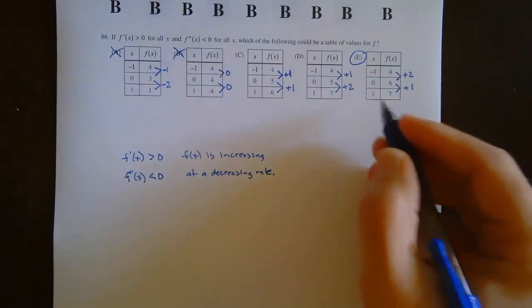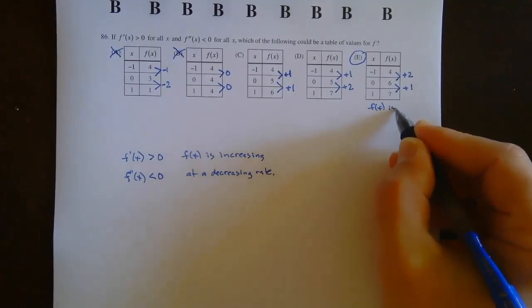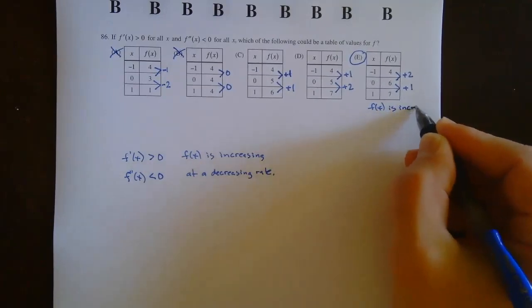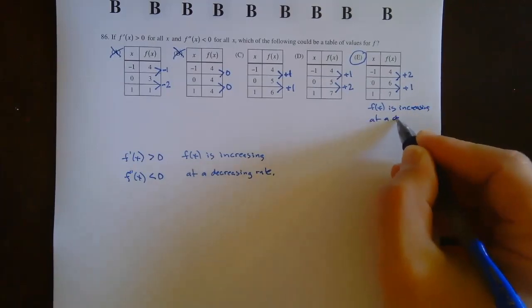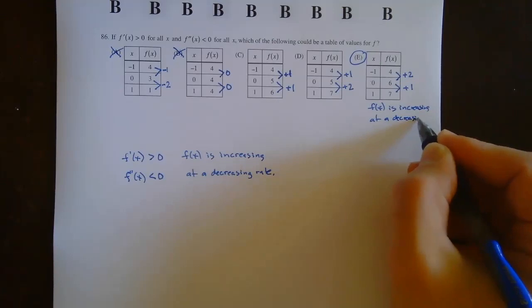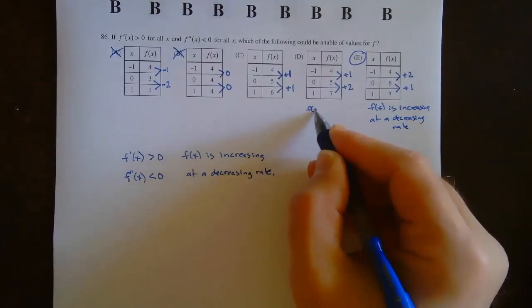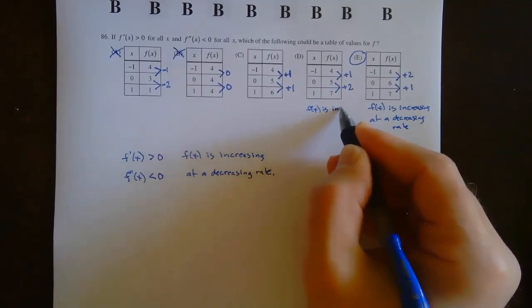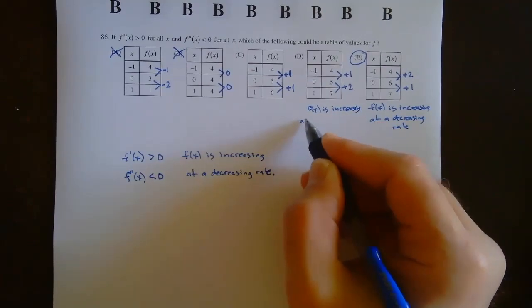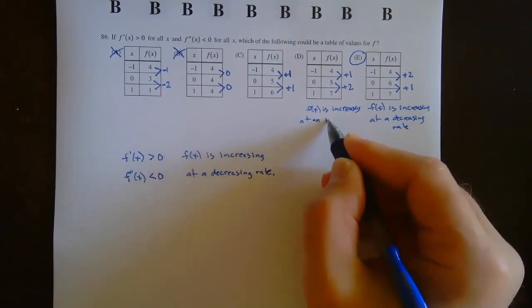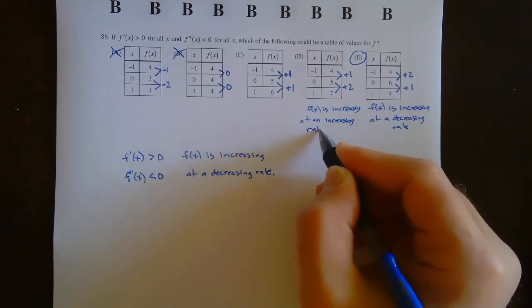Okay, so this is f of x. Let's write these. F of x is increasing at a decreasing rate. This one is f of x is increasing at an increasing rate.